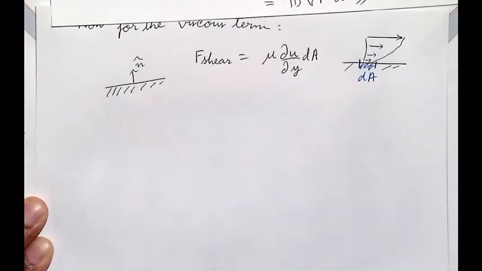Yes, mu del U by del Y is tau, the shear stress, in this very special case. Do you know the general formula for tau? We can write a tensor tau ij. In general, in 3D, we use the tau tensor.